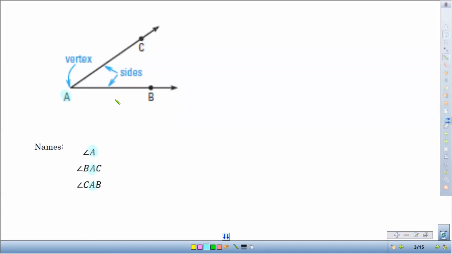So you name it as if you were tracing it, as if you were drawing it. So it'd be like angle BAC, right? The vertex is always in the middle when you are naming it. For this one, again, you can just use the vertex to name it. But those are the three ways to name this angle.